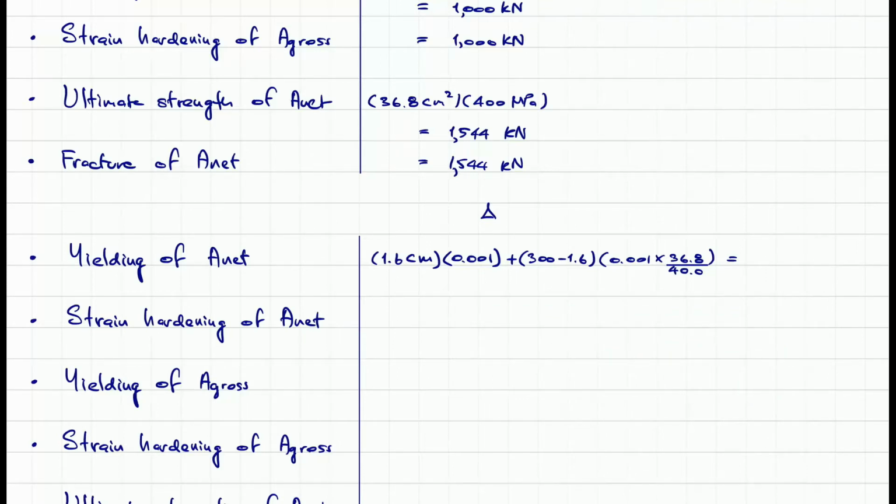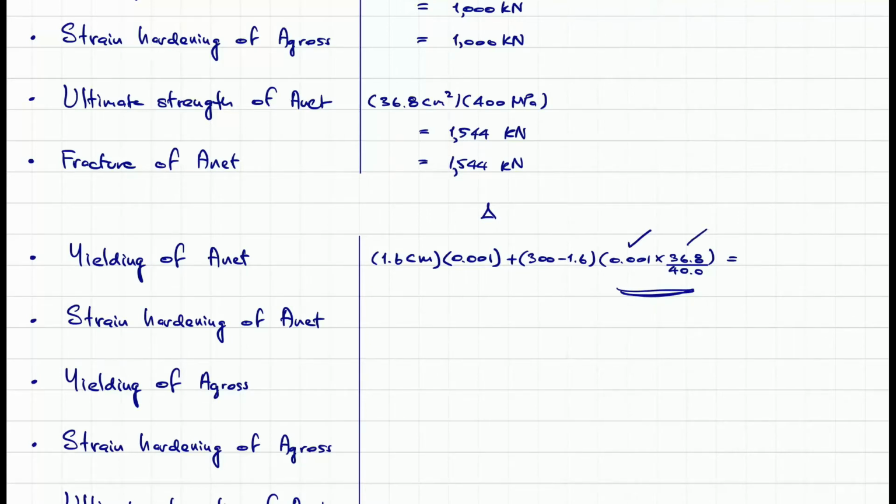Right. So 0.001 is the yield strain, and then over this area is the gross area, the other part that does not have the bolt holes, multiplied by the stress ratio.